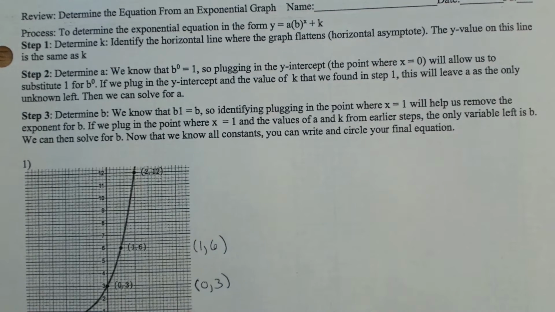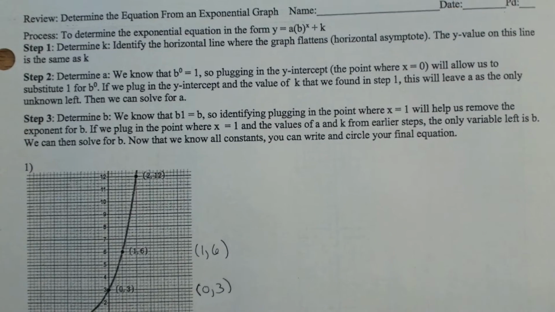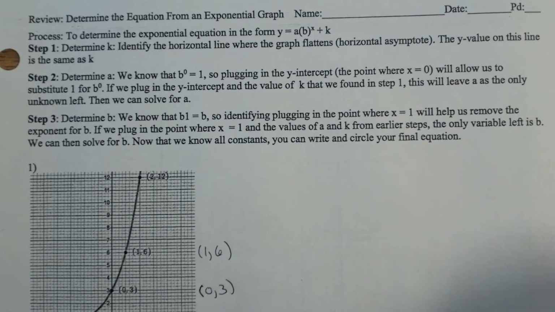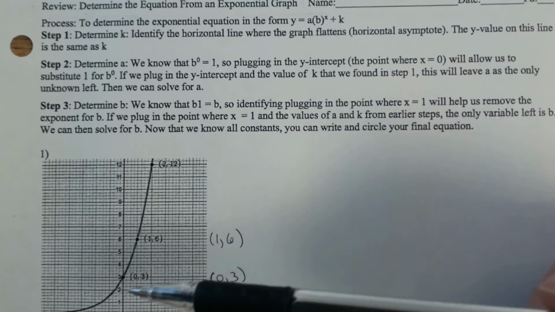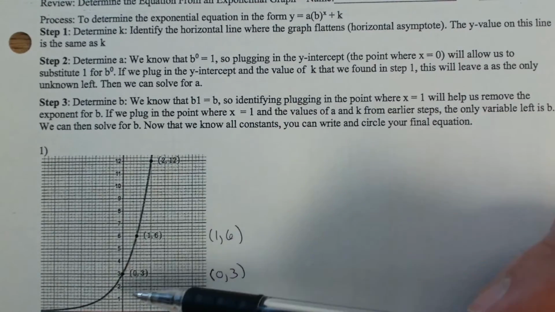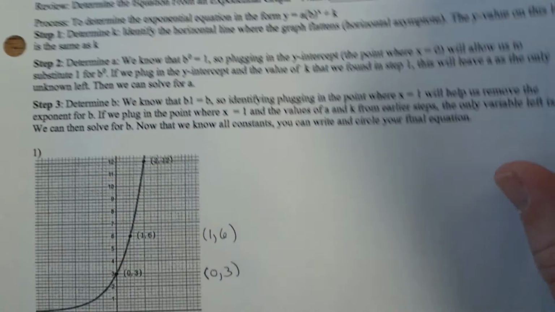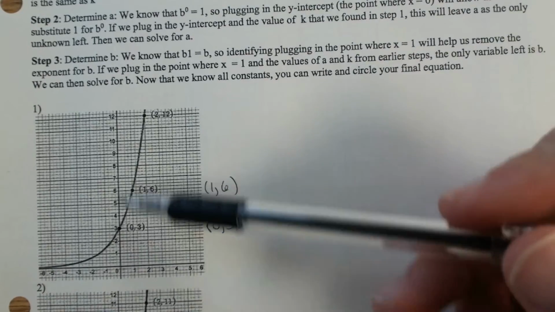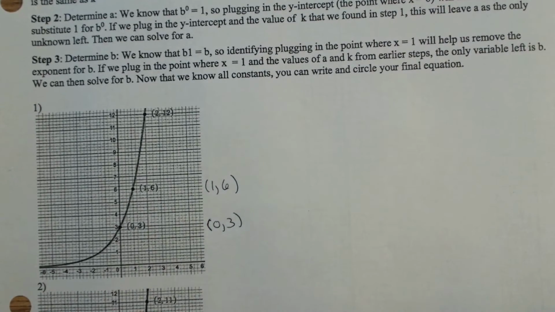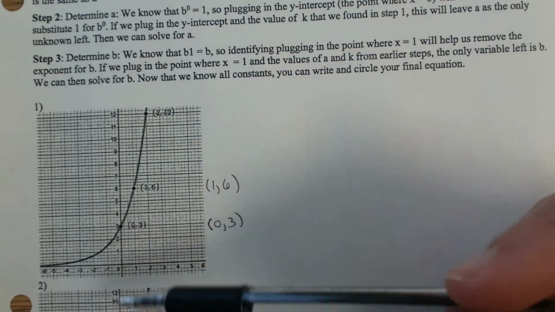And 1 times anything is very easy to work with. So that's the advantage of that property. Just so happens, where x equals 0 is your y-intercept, where your graph crosses the y-axis. We will typically be able to see that pretty easily in most of the problems. It'll be a nice grid mark here.